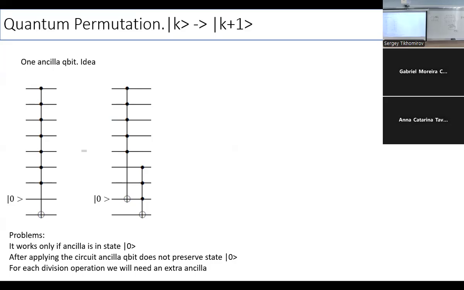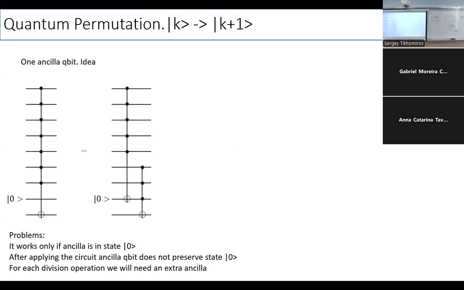The problem is that they're not exactly equivalent because this intermediate ancilla qubit potentially will change. And another thing is that we assumed that it was in the zero state, so it cannot be reused or taken from somewhere else.